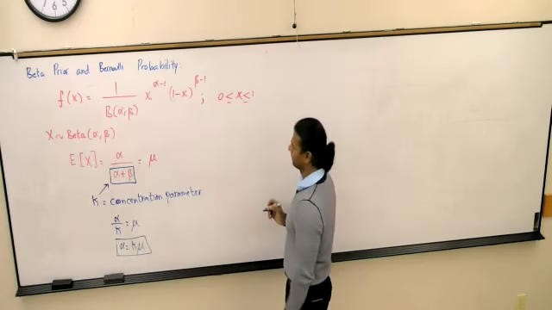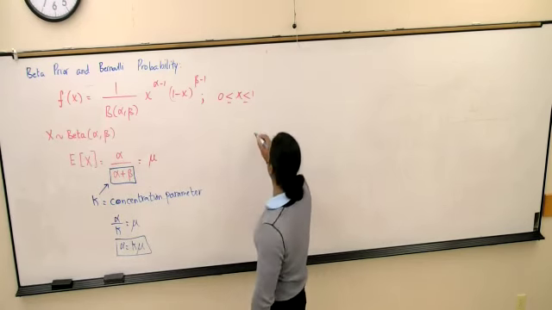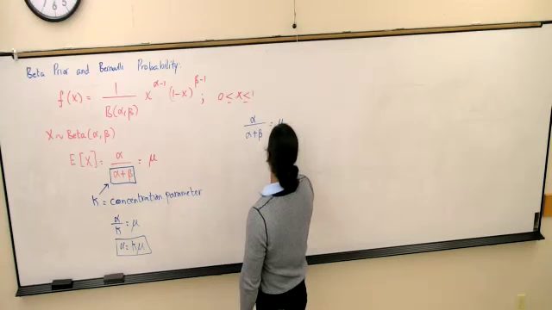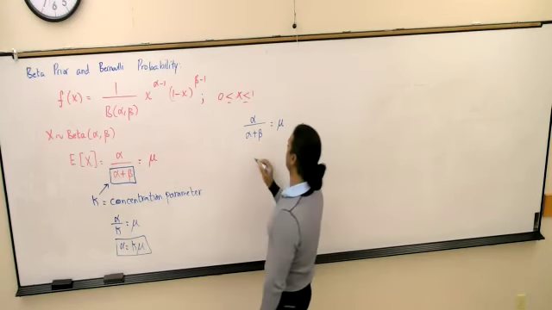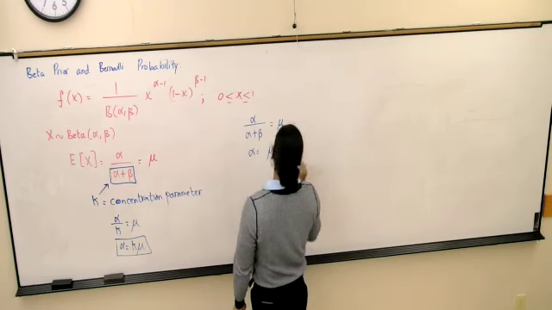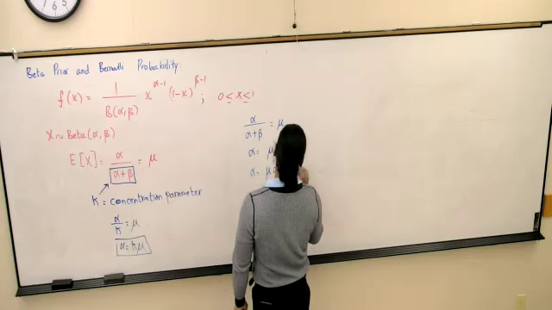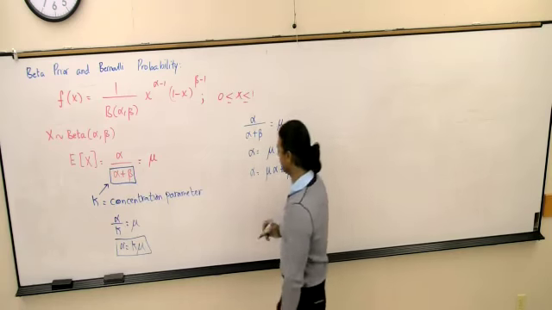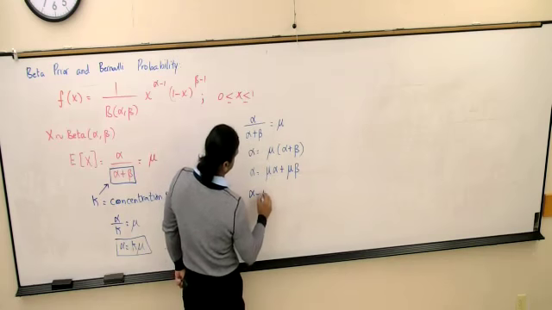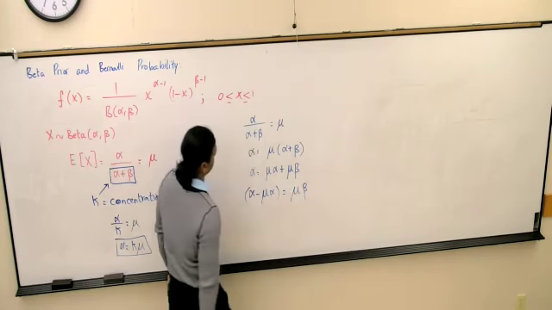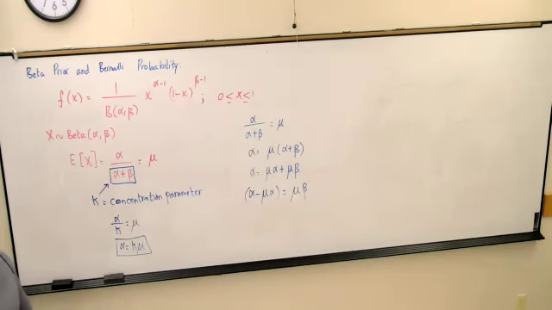The next one is to solve for beta. So alpha over alpha plus beta is equal to mu, which would mean alpha is equal to mu times alpha plus beta. Alpha would equal mu times alpha plus mu times beta. Move mu times alpha to the other side: alpha minus mu times alpha would be equal to mu times beta.